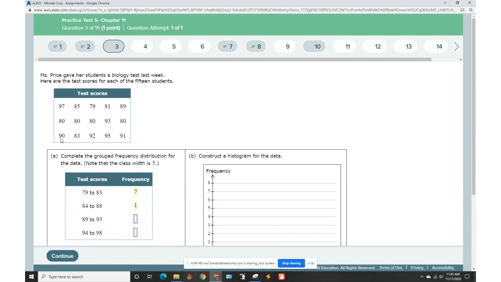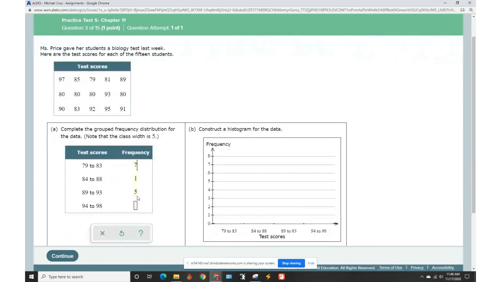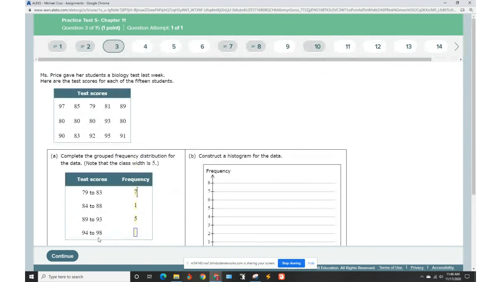And then here, we got a third one, the 90. And then this is a 4th one and a 5th one. Right? So let's see, we got 1, 2, 3, 1, 2, 3, 4, 5. So there's going to be 15 of these. So 7 and 6 is 13. So we're going to have 2 more somewhere. Well, 2 more for the last column.